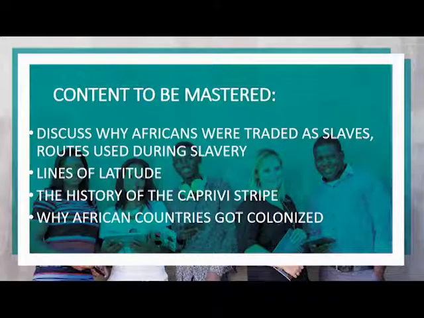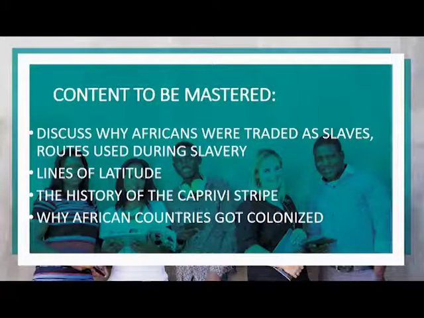Where were they taken? How were they taken? What were the routes that were mostly used? As we know, most of the slaves came from Western Africa, and then they ended up in the Caribbean and so forth. How did they end up there? How were they being carried from Africa to the Western countries?